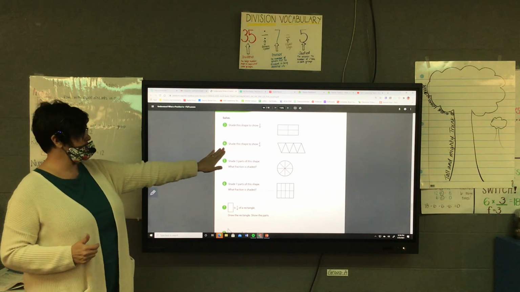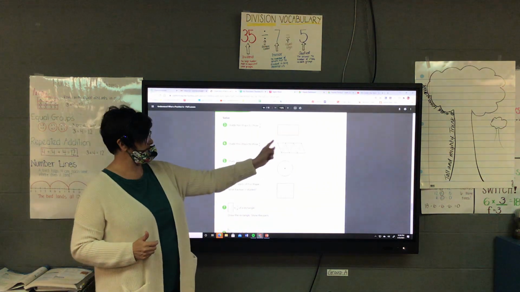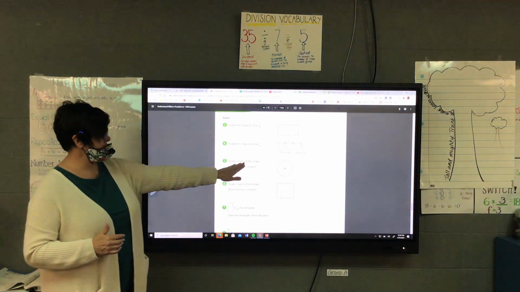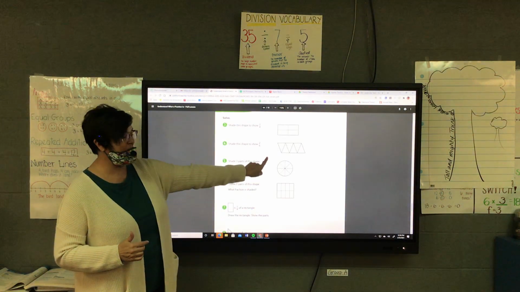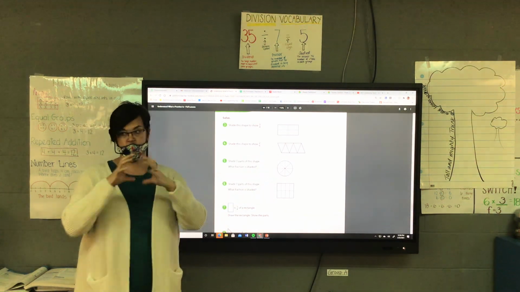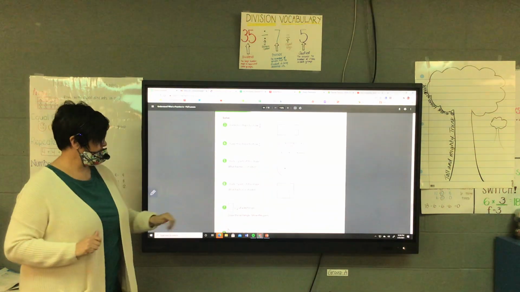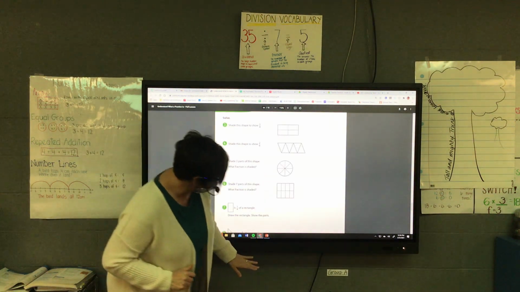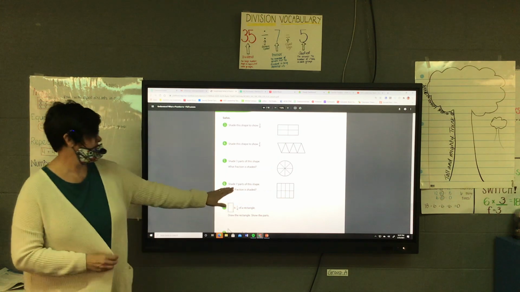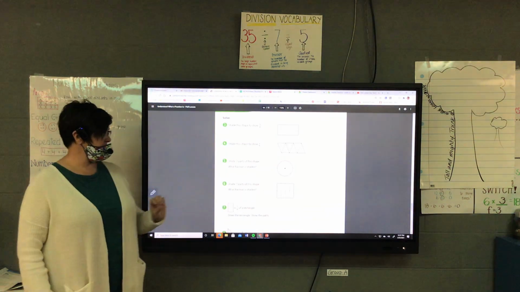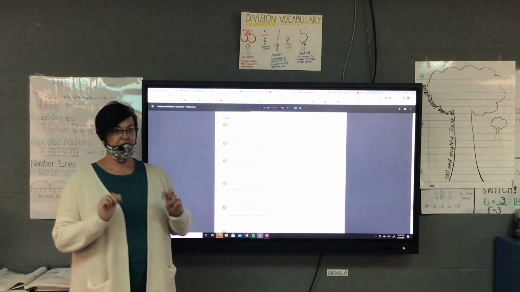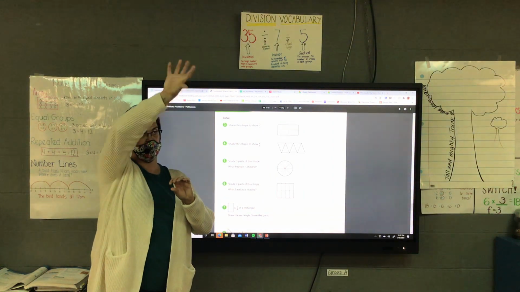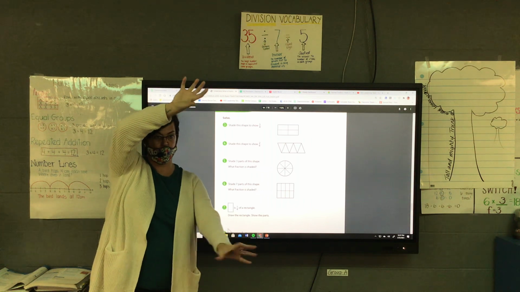Then for 4, you're going to shade this shape to show 2/6. Then you're going to shade 3 parts and write the fraction for the whole circle. Okay? Same with 6. Looking at this, is that a rectangle or a square? Rectangle. Shade how many parts? 7. And then write the fraction to show how many parts are shaded, how many parts are in the whole thing.